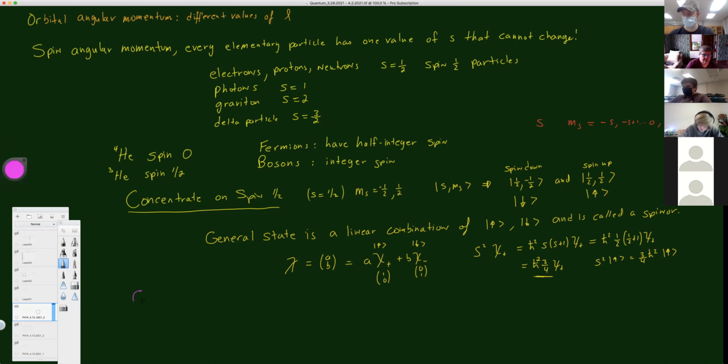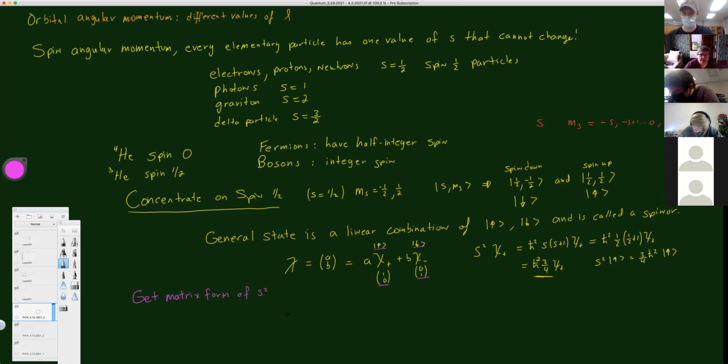So remember, let's go to pink color here. Let's get the matrix form of s squared. So the matrix form of the plus here was this 1, 0, and the matrix form of the down was this 0, 1, right? So now we're after the matrix form for s squared.